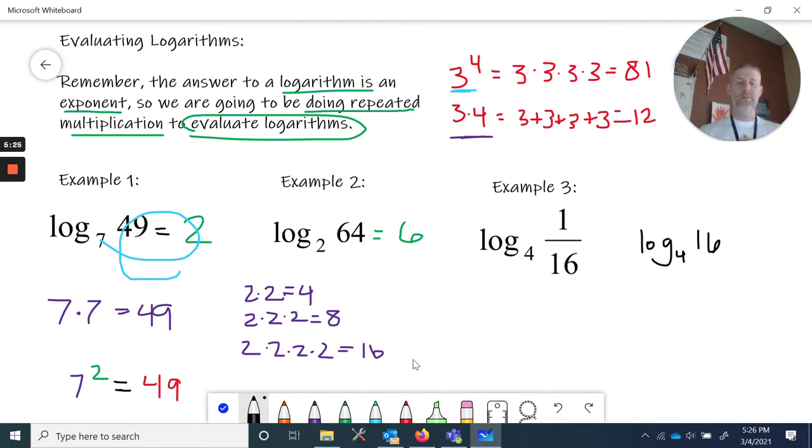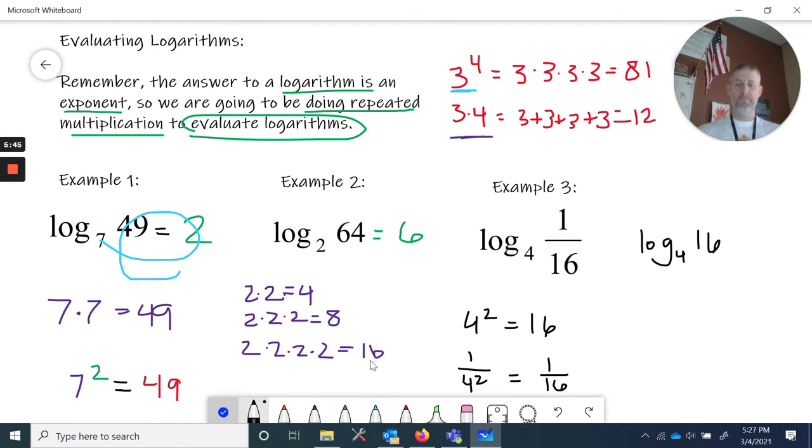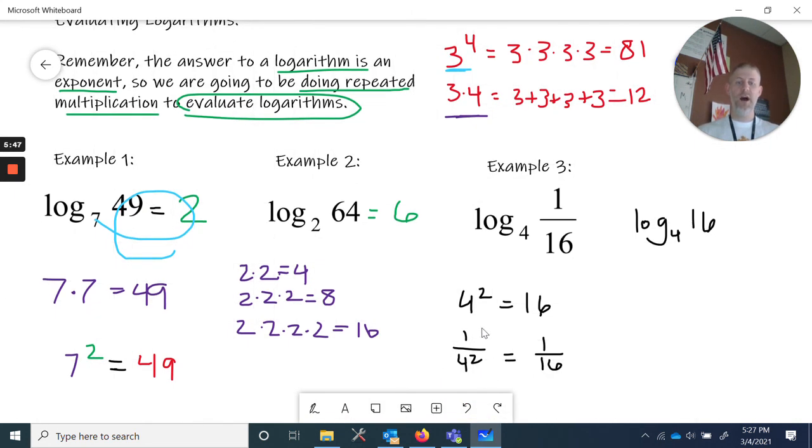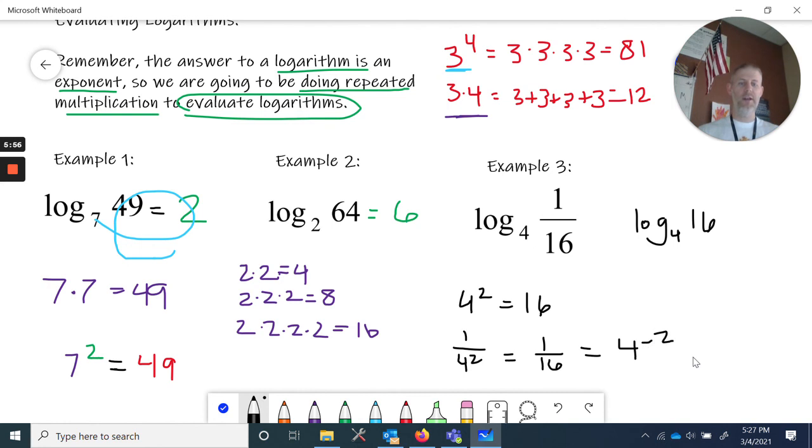If 4 to the 2nd power is 16, and we remember learning about exponents, 1 over 4 squared is the same thing as 1 over 16. To move this to the top, I have to change the exponent from positive to negative. So I can say that this is 4 to the power of negative 2.